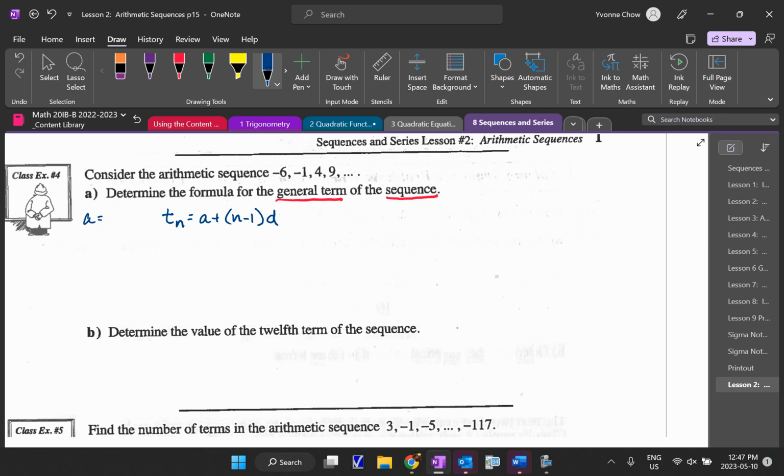Our first term is -6, and our common difference is 5. So we can substitute those in. Tn is equal to -6 plus n minus 1 times 5, and we'll distribute the 5 and clean it up. So Tn is equal to -6 plus 5n minus 5, or Tn is equal to 5n minus 11.